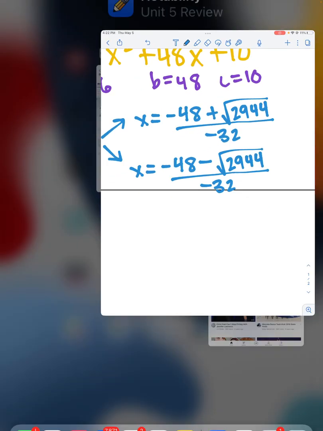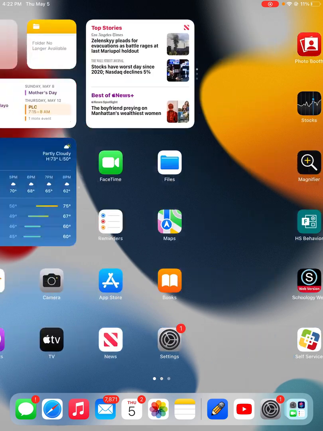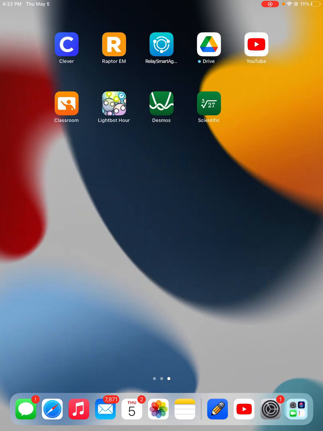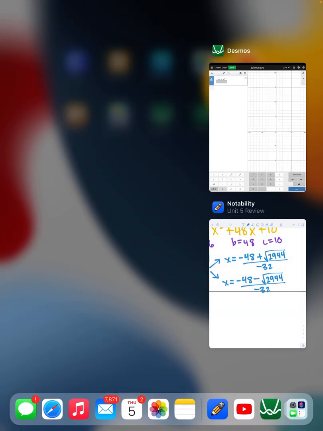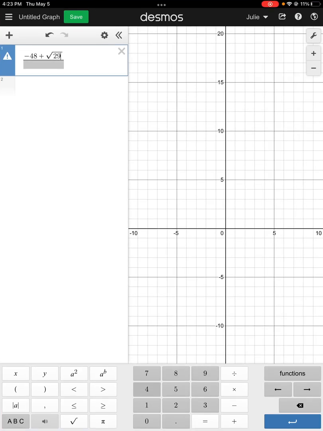All right, so then we can go to decimals, and type in, so we want to make the fraction first, and then it was negative 48 plus square root of 2,944 over negative 32.